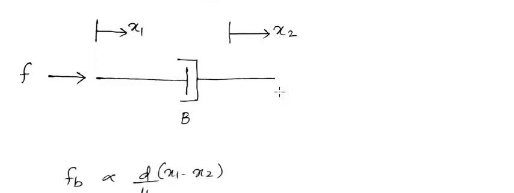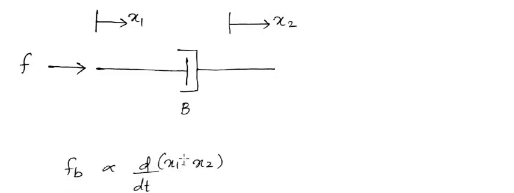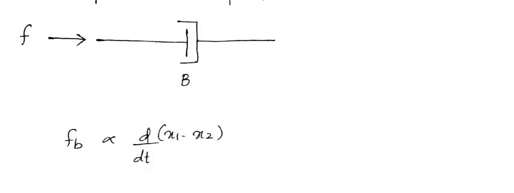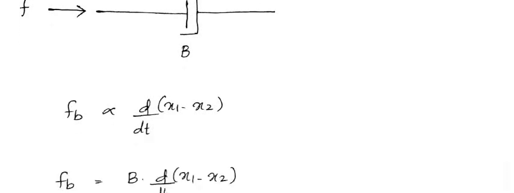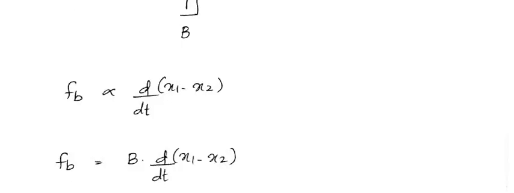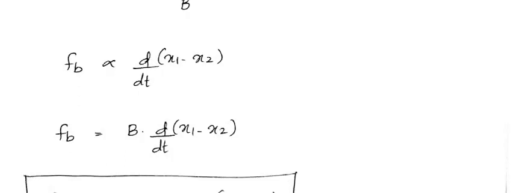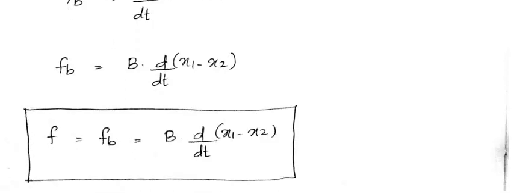So while doing problems, I will make you understand which displacement to be written first. So that we'll see later. Okay. So Fb, replacing the proportionality constant with the frictional coefficient B, Fb equal to B into d by dt of x1 minus x2. So these expressions are very important because we need all these while doing problems. Then this is the D'Alembert's principle, which states that the total force acting on a body is 0, or sum of applied force is equal to sum of opposing forces.